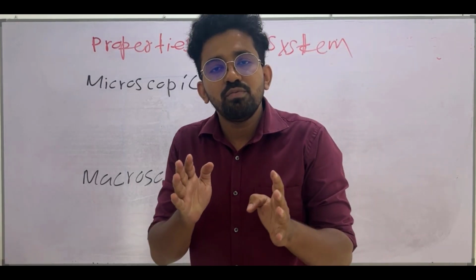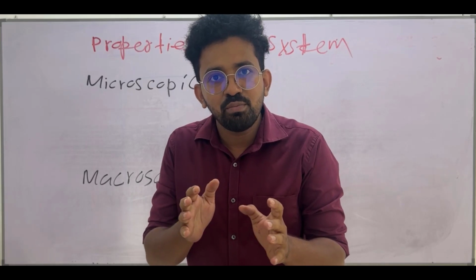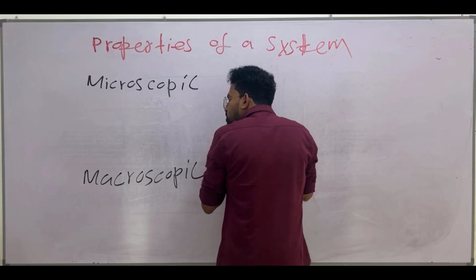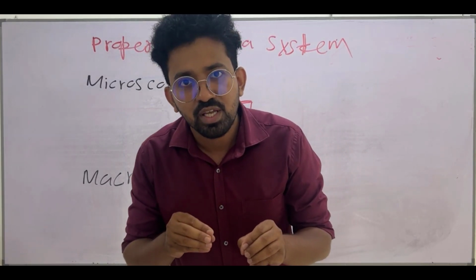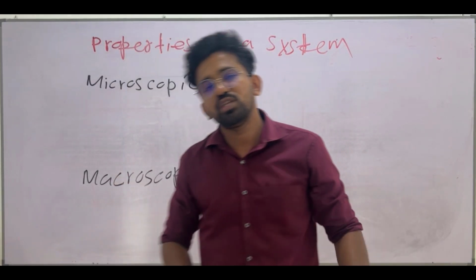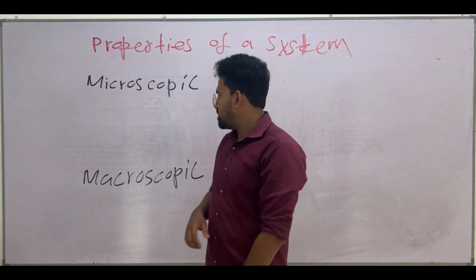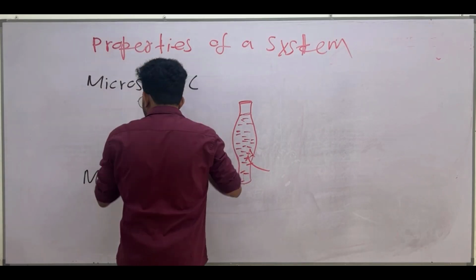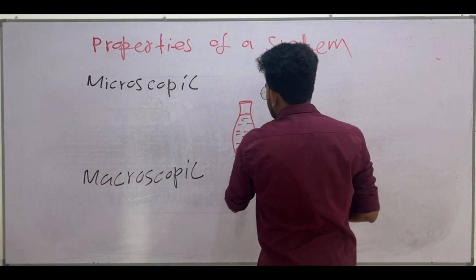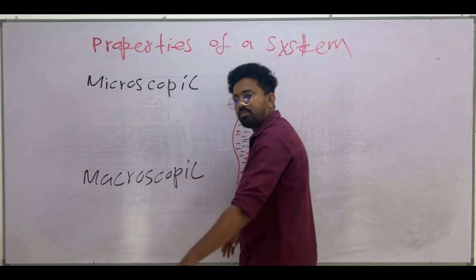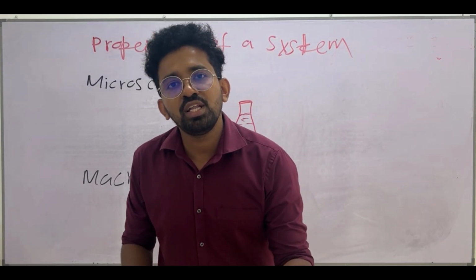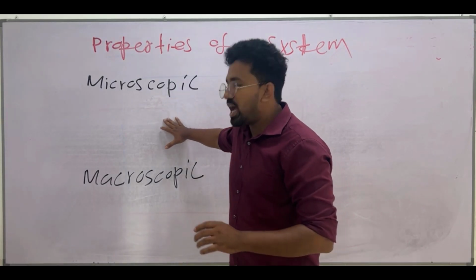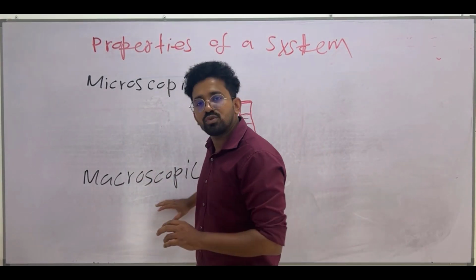To measure the velocity of the molecules, we have to go inside, to the level of the molecules and the atoms, and observe their velocity. So velocity is a microscopic property, while the color of the system is a macroscopic property. Now you can understand the things regarding microscopic properties and macroscopic properties.